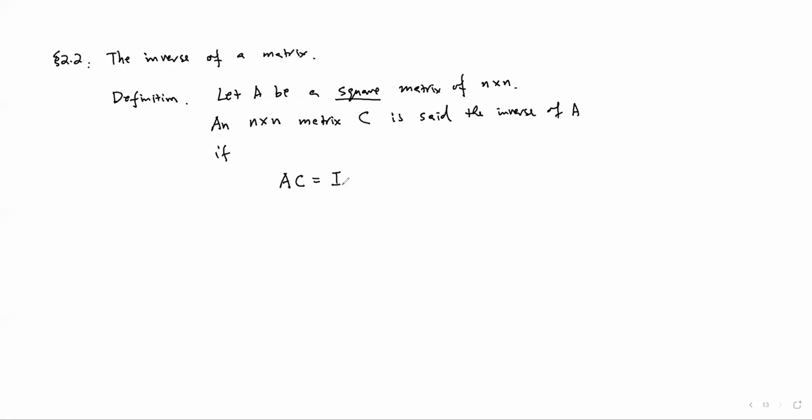A times C is 1, and C times A is 1. About these two equations, you only need to check one equation. The other equation is automatically true. If one is true, the other is true. This has been proved theoretically. So you just need to make sure one of these two equations is true. Then C is the inverse. The notation for C is this notation, inverse.